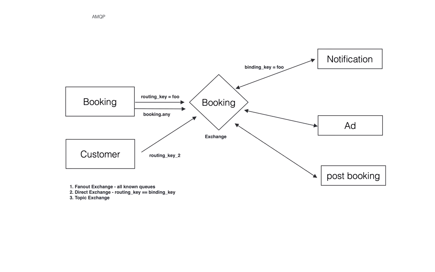The binding key here will be the same. As I said, these are conceptual differences and nothing real, I would say. So the binding key will also be the same. This is nothing but a binding, and the binding key is now booking.any. So any messages that go to booking.any will be okay. That's it.